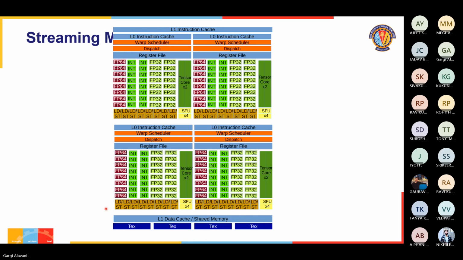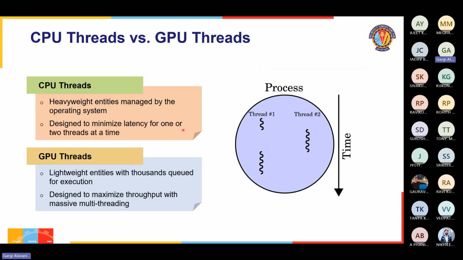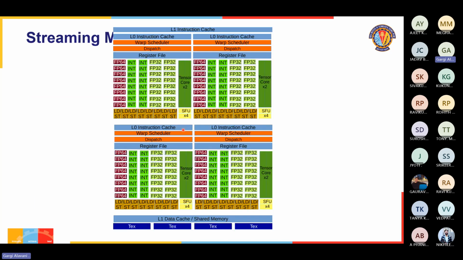So the whole thing is one SM post Volta. Before, this looked like one SM, but now this is one SM. And the data cache is used across all the blocks within the SM.